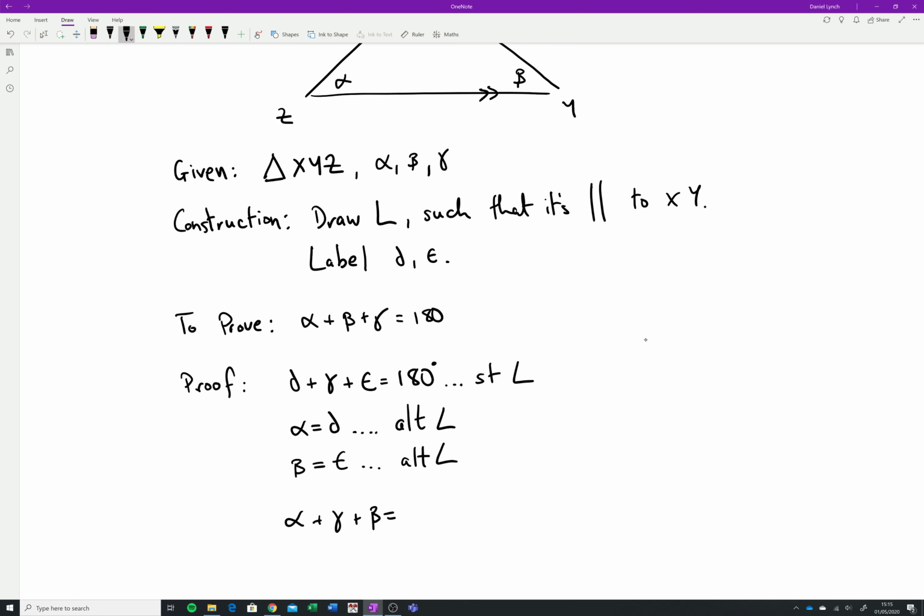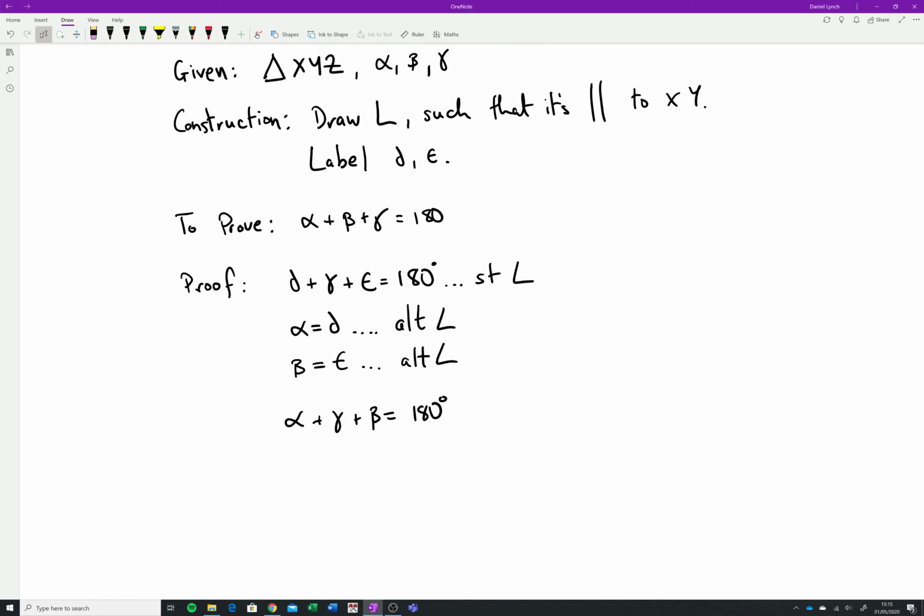So we now get that this thing is 180 degrees, by replacing delta with alpha and epsilon with beta. So there we have it, we have the thing that we want. Alpha plus beta plus gamma is equal to 180 degrees, as we wanted to say, and of course we're entitled to write in a little QED at the end.